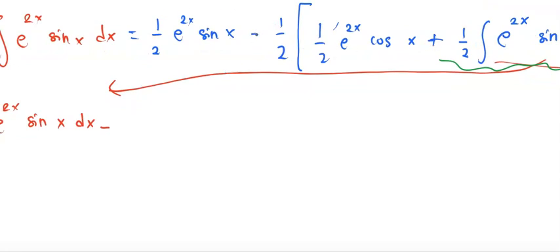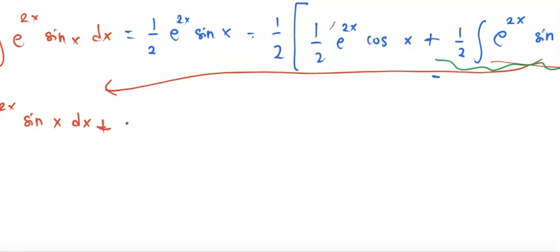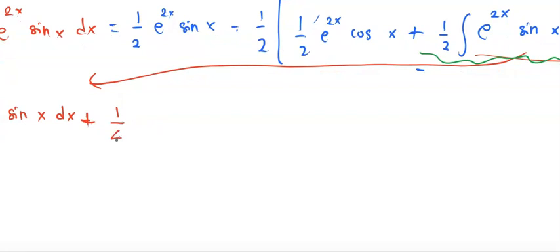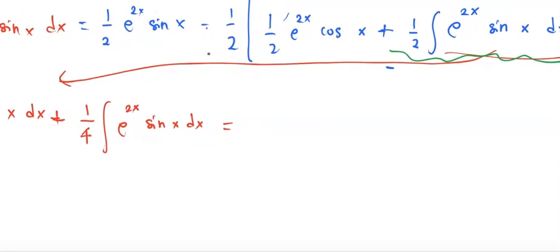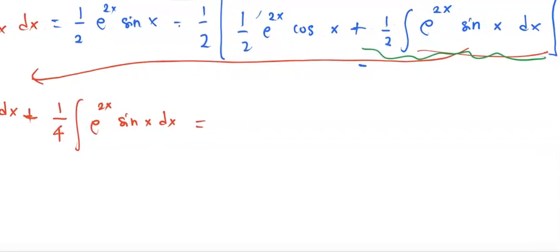Here is plus 1 over 4 integration of e to x sin x dx equals, on the right side, the same function: 1 over 2 e to x sin x minus 1 over 4 e to x cos x.